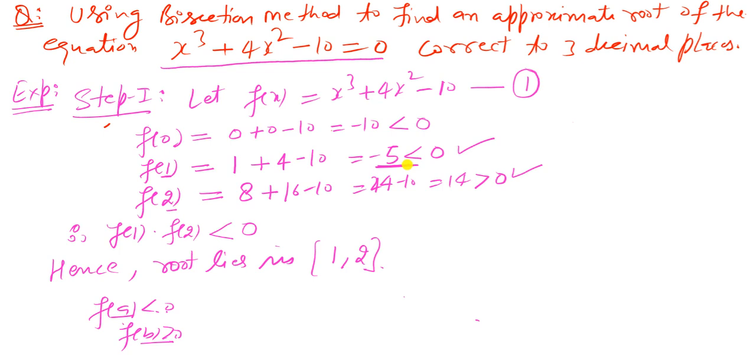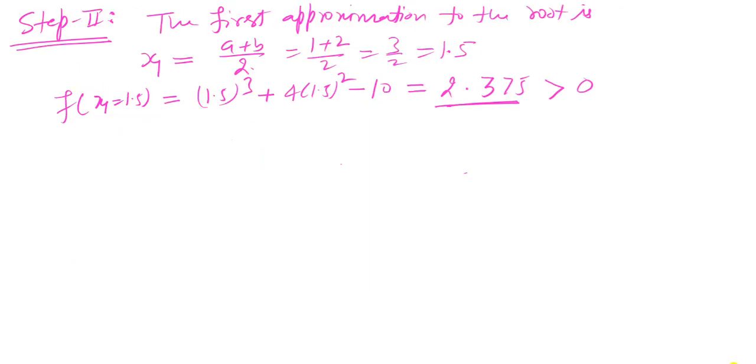The intermediate value theorem says the product of the two functional values should be less than 0. So f(1) times f(1.5) is less than 0, and in that case the root lies between 1 and 1.5.